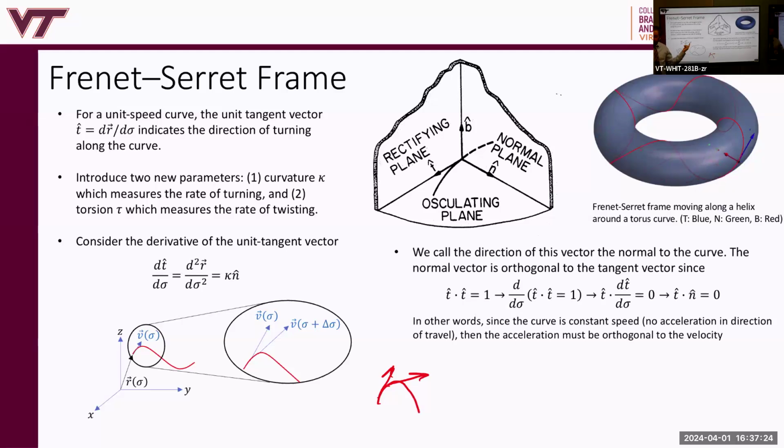So kappa really is measuring the curvature, right? If the curve is very, very sharp, then the magnitude of the variation of the velocity vector is going to be large. And if it's flat, then these velocity vectors don't change at all, and there's no curvature. So kappa is equal to 0. So kappa measures the curvature of the curve, right?